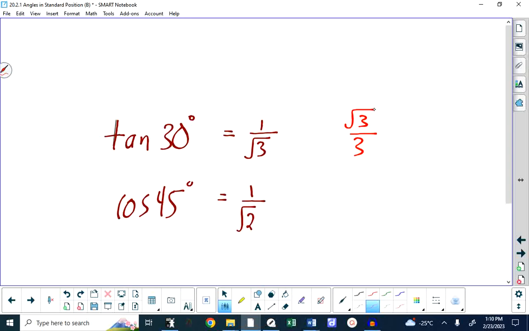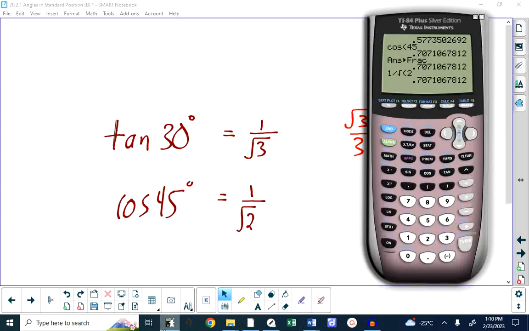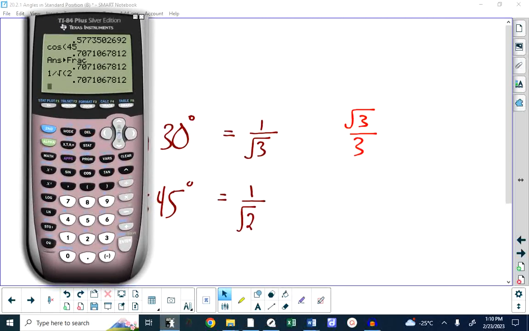And in case you've forgotten, what is 1 divided by the square root of 3? So the square root of 3, close brackets, divided by 3 gives me this number. And 1 divided by the square root of 3 gives me this number. It's the same.